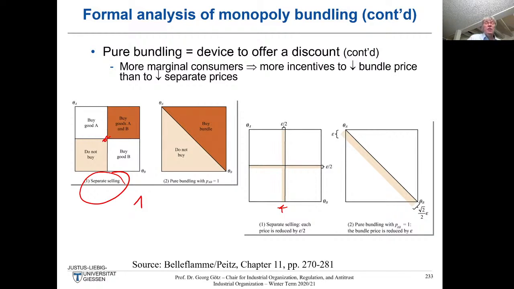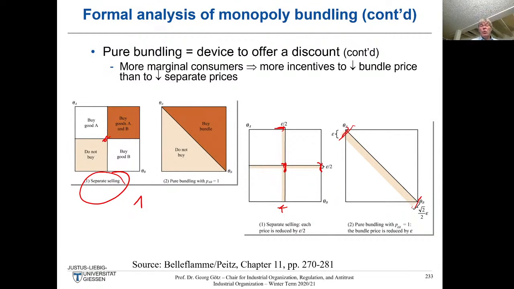The point being, and that's what you see from the size of these shaded areas, you attract more consumers if you sell a package, because here you have all along this diagonal who will increase the profit, whereas here you have only these guys, and this has a total length of 1, whereas this has a length of square root of 2.